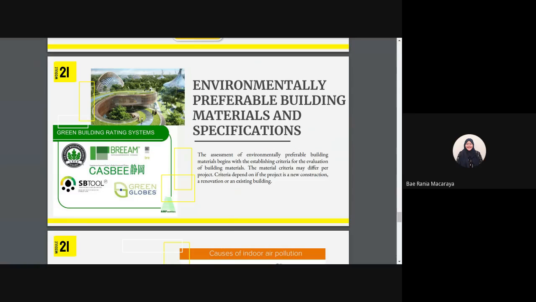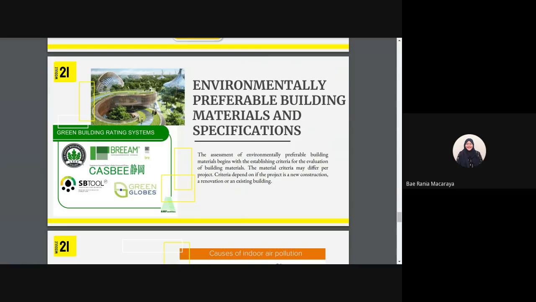Environmentally preferable building materials and specifications. The assessment of environmentally preferable building materials begins with establishing criteria for the evaluation of building materials. So of course, in constructing an eco-friendly building, it is important to consider its building materials. These building materials are assessed by the standards of a Green Building Rating System or certification system, which broadens the focus beyond the product to consider the project as a whole.